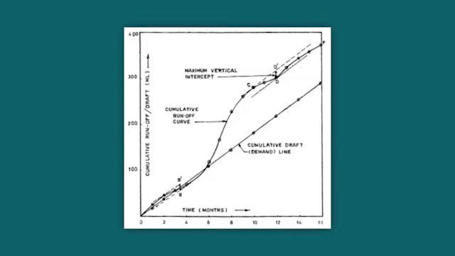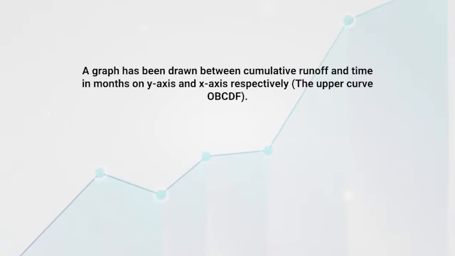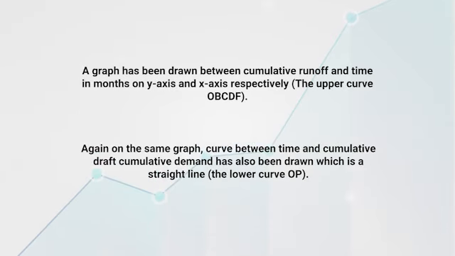We have discussed all the details. A graph has been drawn between cumulative runoff and time in months on the y-axis and x-axis respectively. Then again the same graph, a curve between time and cumulative draft, the cumulative demand, has also been drawn. So this is the straight line.